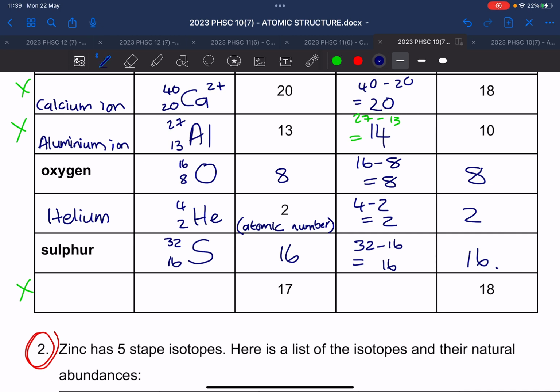Right. Then the last one at the bottom, 17 and then 18. Which element are we busy with? Okay, chloride or chlorine?